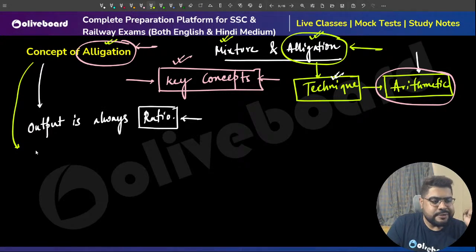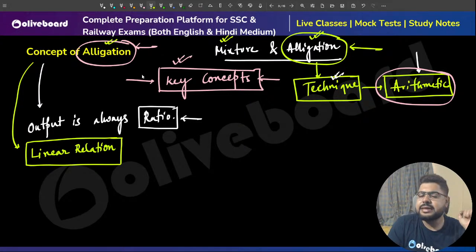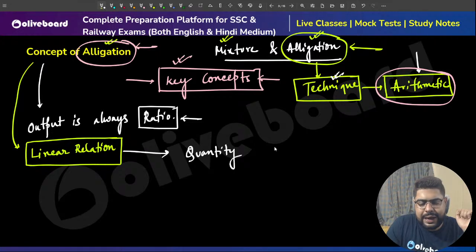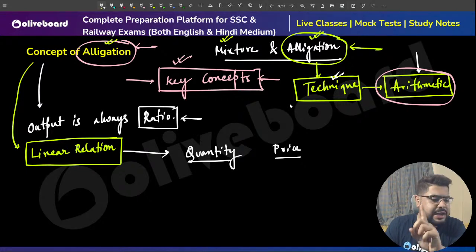First things first, you need to have a linear relation. What do I mean by linear relation? Say there are two variables, say quantity and price, and these two quantities have a linear relation between them.